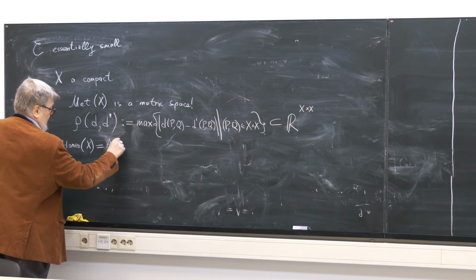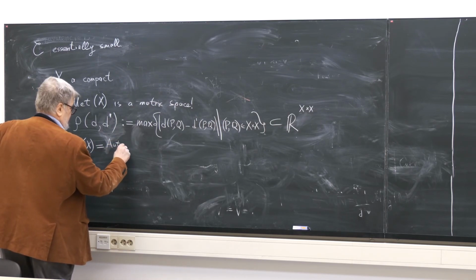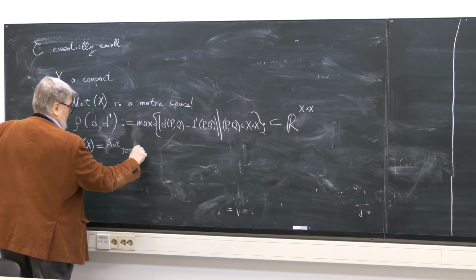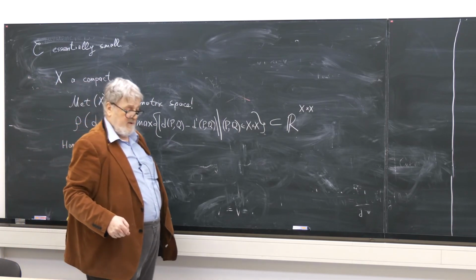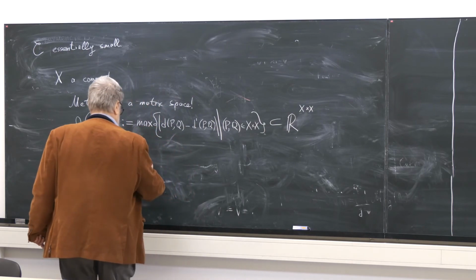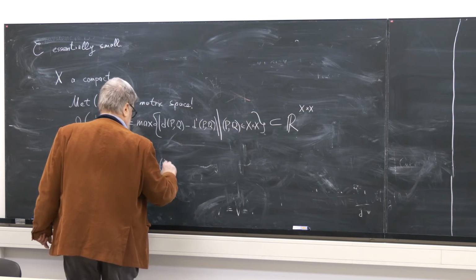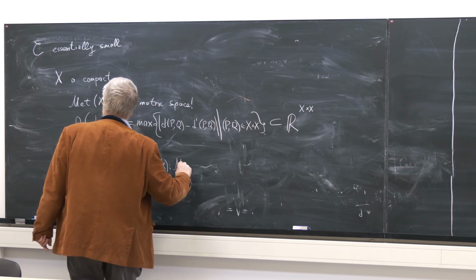A homeomorphism of any topological space is just the automorphism in the corresponding category, and it acts: Homeo of X acts on the metrics.